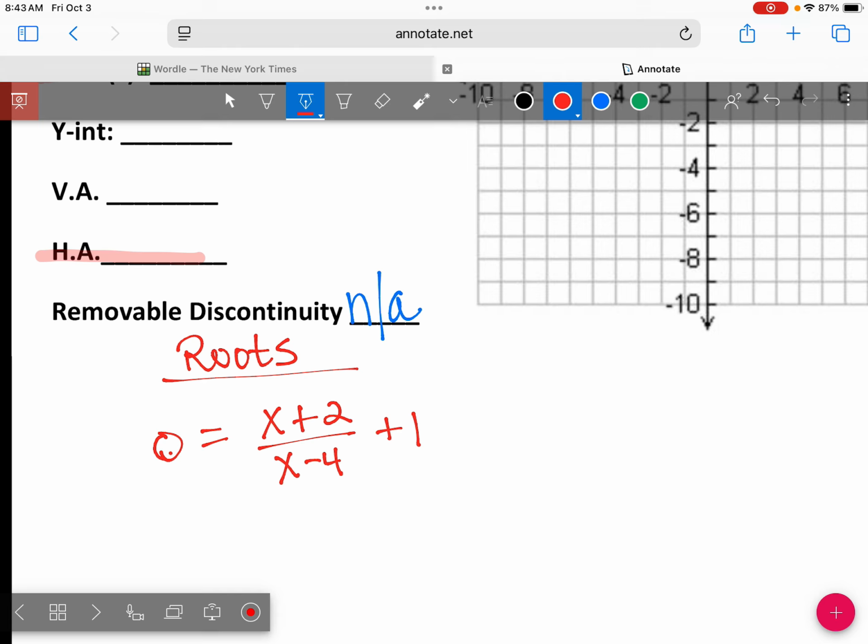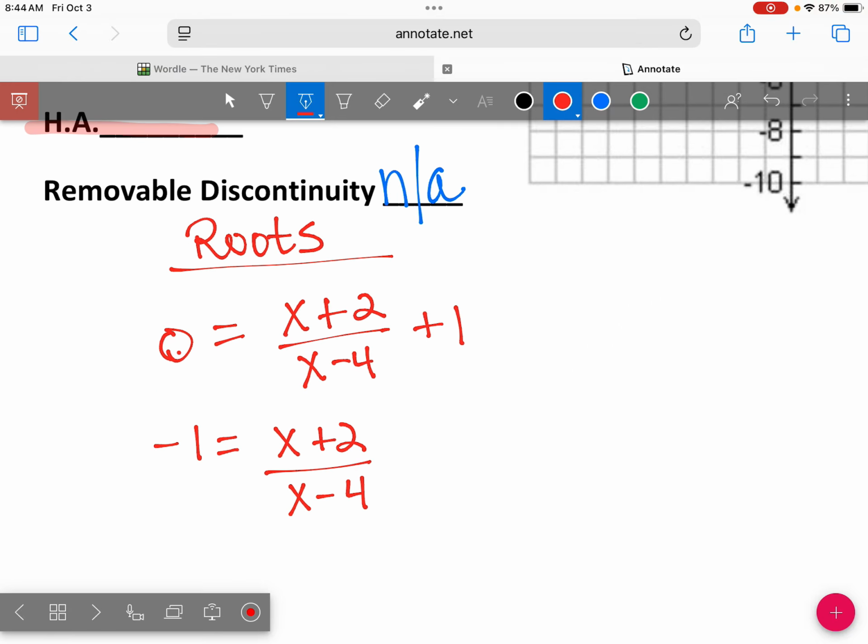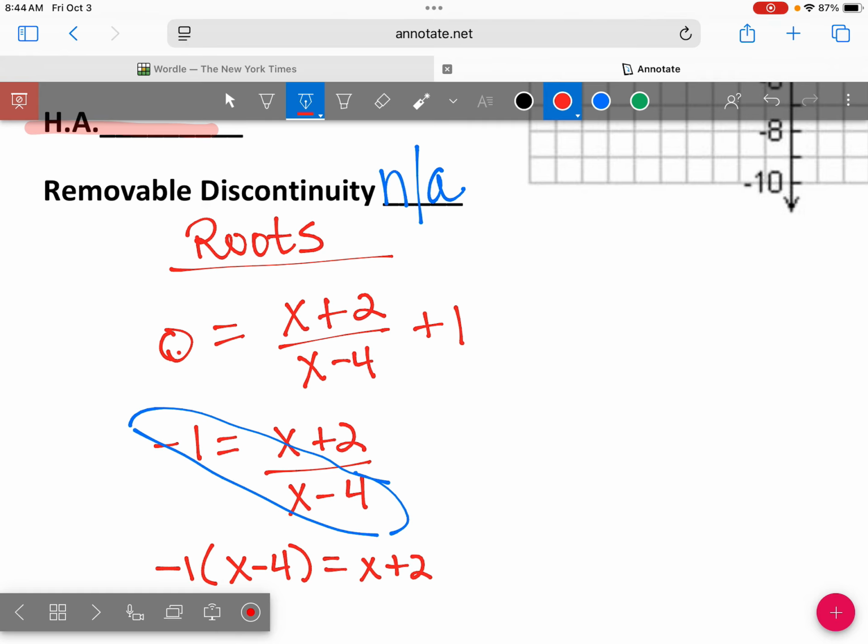So how would we solve this? Subtract the 1. So that gives us -1 equals (x plus 2) over (x minus 4). Let's go ahead and cross multiply. So then we have -1 times (x minus 4) equals x plus 2. Go ahead and keep solving that.